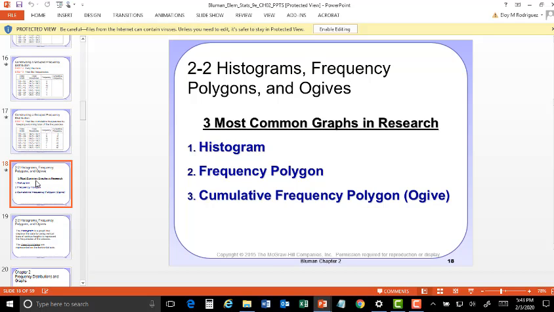Okay. So this is the most common graph in research. I would have changed the order. I would have put this first, because normally you're going to construct a frequency polygon before you start doing a histogram. Let's say you had three cells, and then you have some data following those 3 cells.